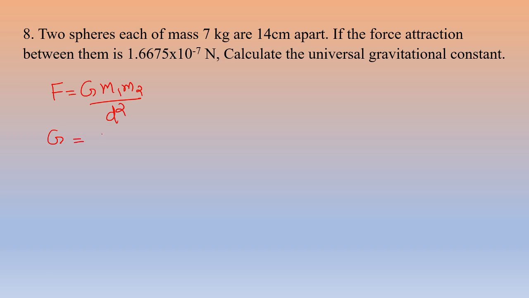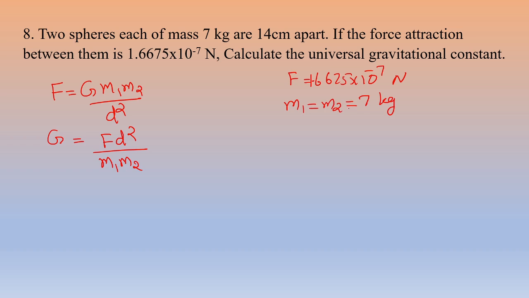From that, capital G is equal to F into d square divided by M1 into M2. So let us see the value of F. F is equal to 1.6675 into 10 raised to negative 7 Newton, and M1 is equal to M2 is equal to 7 kilogram, and the separation d is equal to 14 centimeter, that is equal to 0.14 meter.